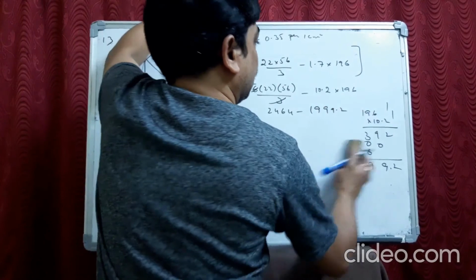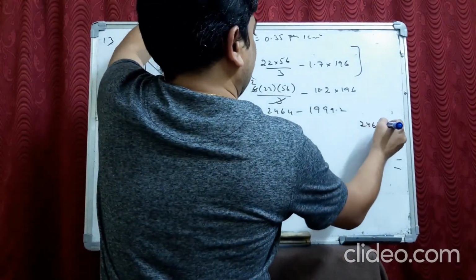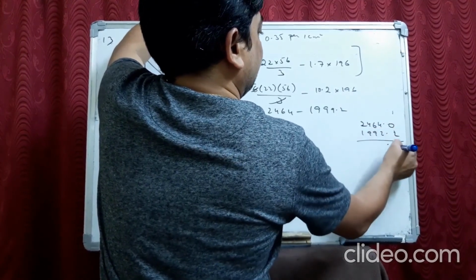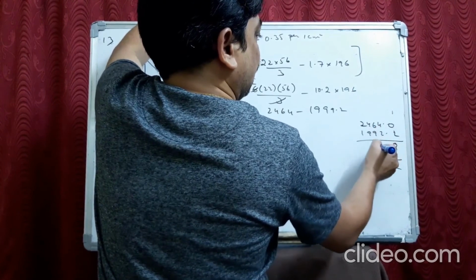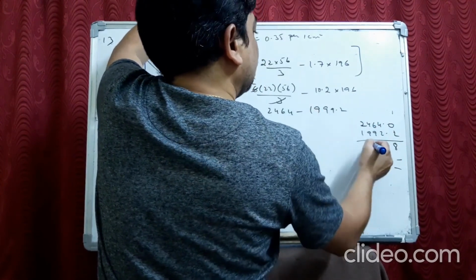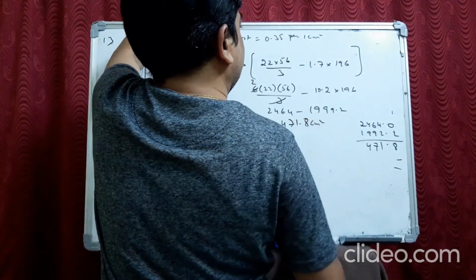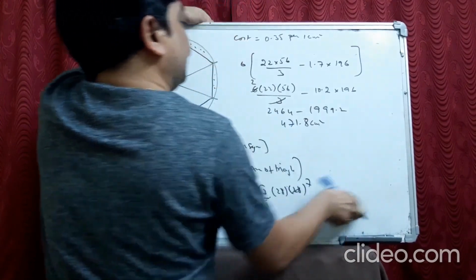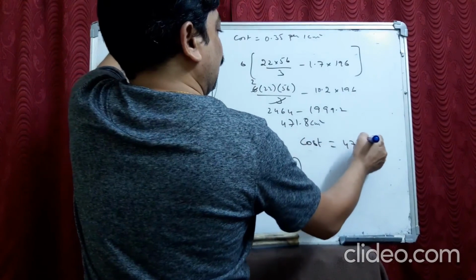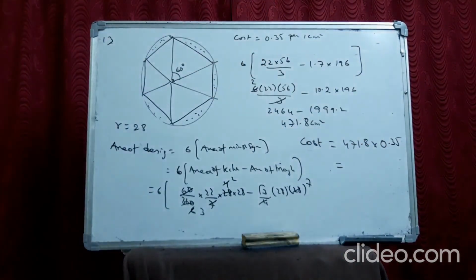That is 1999.2. Now we'll subtract this. 2464.0 minus 1992.2, it becomes 471.8 centimeters square is the area. Now I have to multiply 471.8. Cost is equal to 471.8 into 0.35. Let's multiply this.